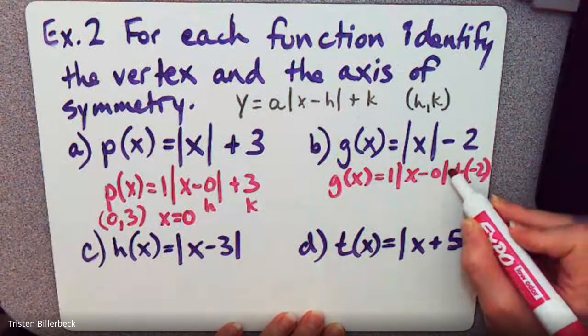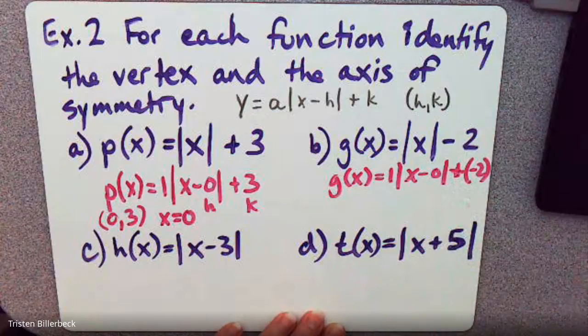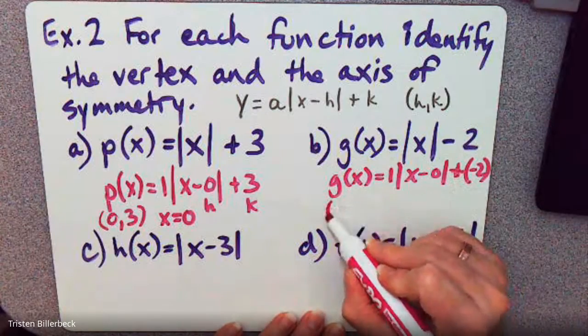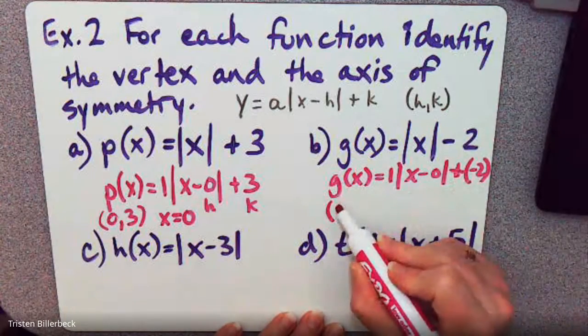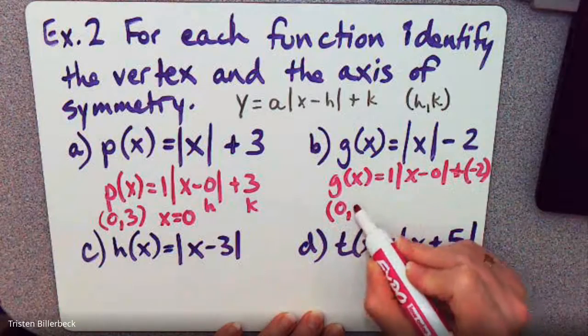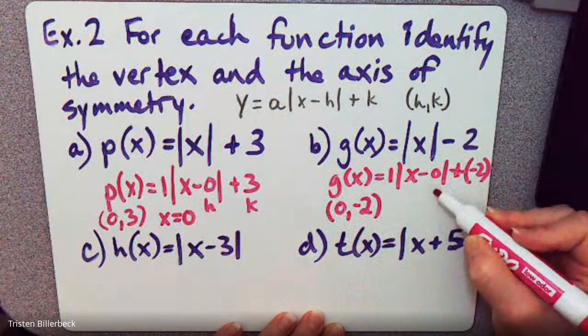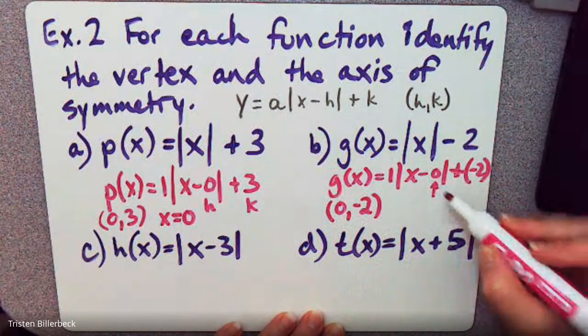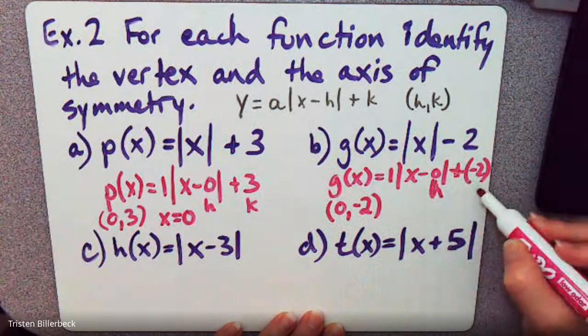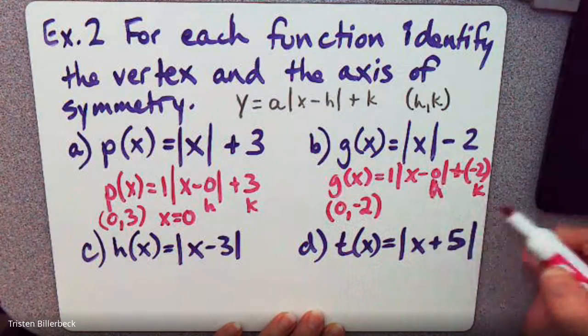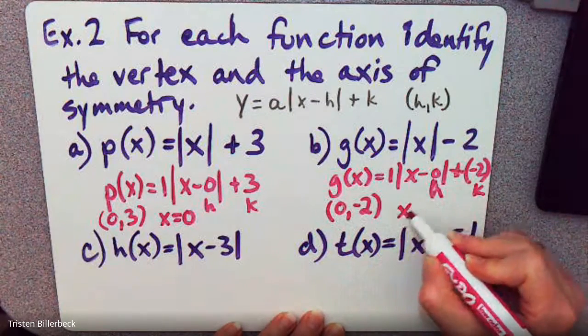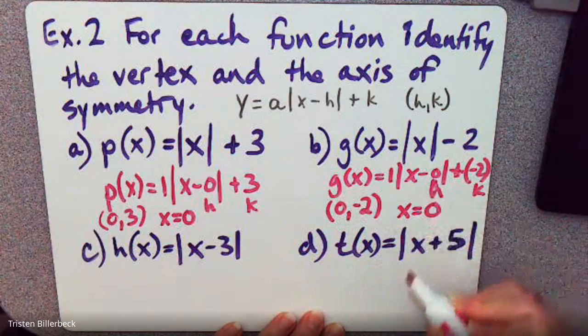I changed that minus sign to a plus negative so we could emphasize where this vertex is. So we are at 0, negative 2 for our vertex, and our axis of symmetry is still going through this h right here. This is h, this is k. So we have x equals 0.